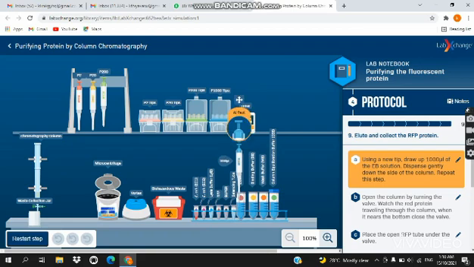Draw about 1000 microliters of the solution and dispense it gently inside the column. Repeat.